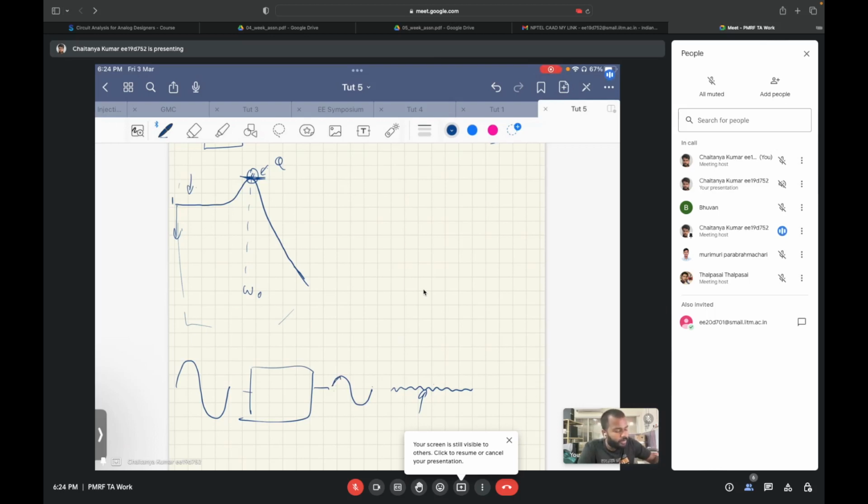So you don't want attenuation just at the beginning of your signal chain. If the gain of this was 1, the signal that you would have got over here would be just the original signal.